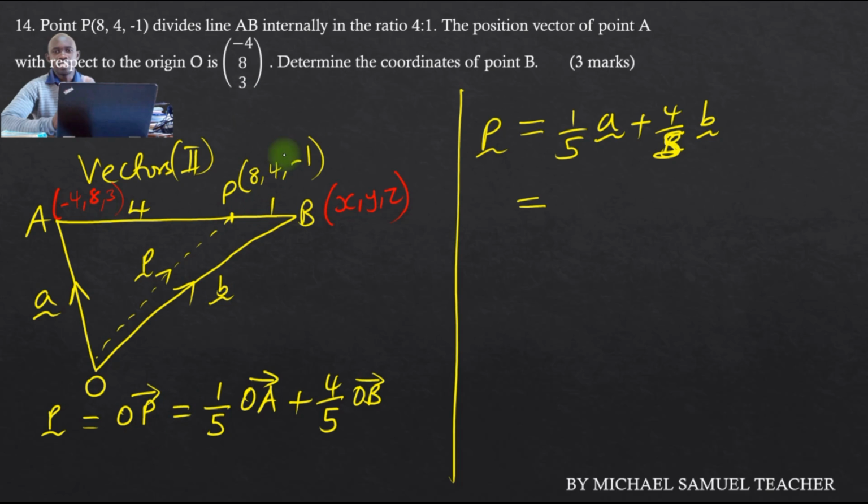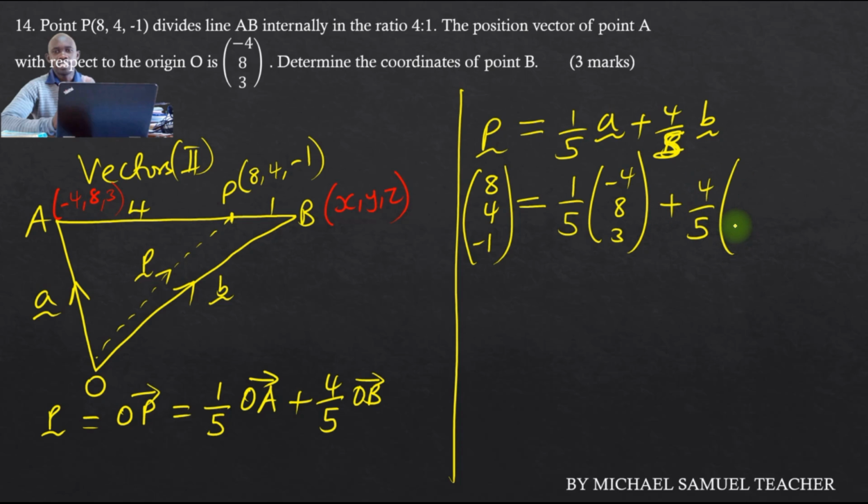OP, the position vector, is (8, 4, -1). We write it in column vector, equal to 1 over 5 OA, that is (-4, 8, 3), plus 4 over 5 of what we are actually looking for, this x, y, z.